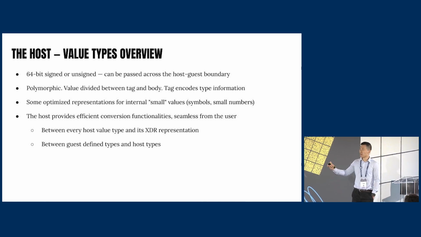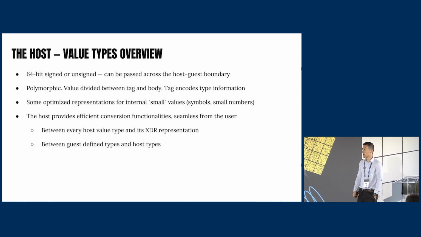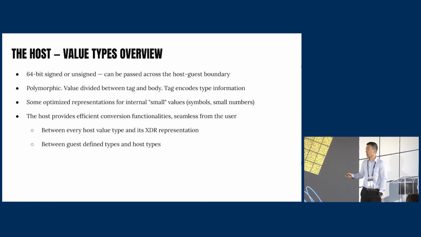And there are some optimizations for small values, which I'll cover in a bit. A key point in the host value design is that for every host value, the host provides native functionality for its conversion to and from XDR. And also, a guest-defined type is easily and very efficiently convertible via the host to a host type.